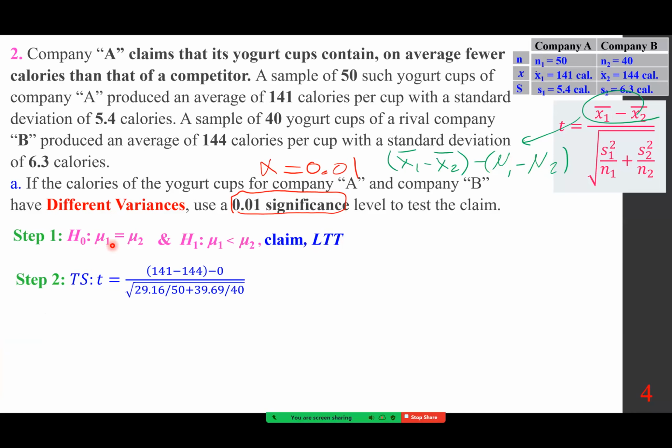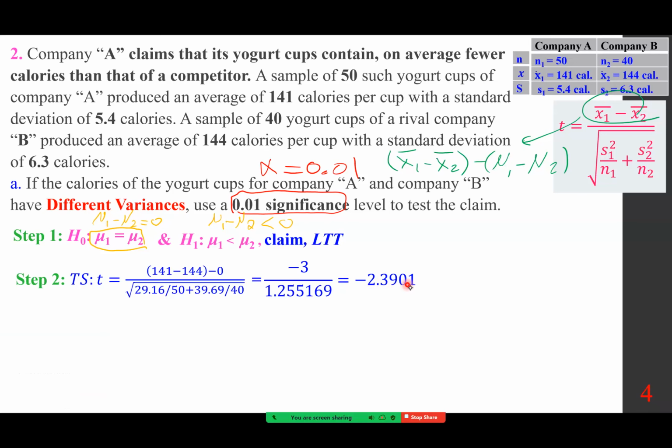By the way, H0 we wrote mu1 equals mu2. We could write it in the following manner, as long as we are consistent: mu1 minus mu2 equal to 0. If you go with that, then you should write mu1 minus mu2 less than 0. Either way is fine, just be consistent. And now when we do the math, we end up with negative 2.3901.